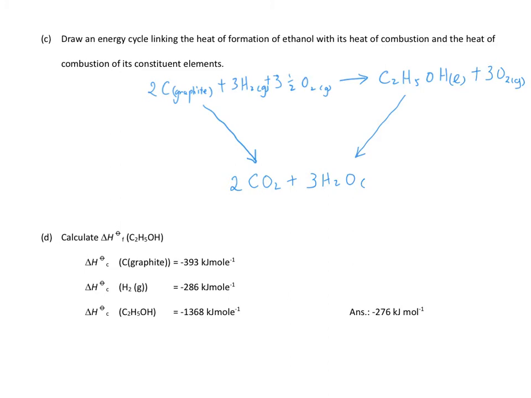And of course, remember, we need to write down the states for all the compounds or elements here. And here, this is the delta HF that we need to find. This is the delta HC, heat of combustion for the ethanol.